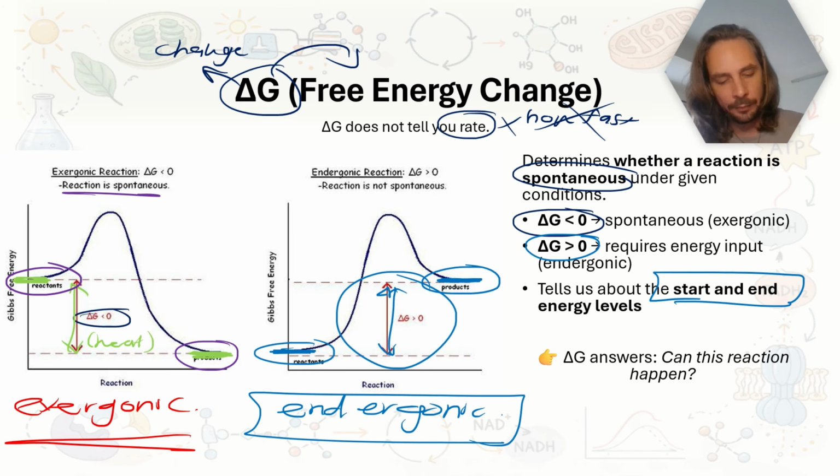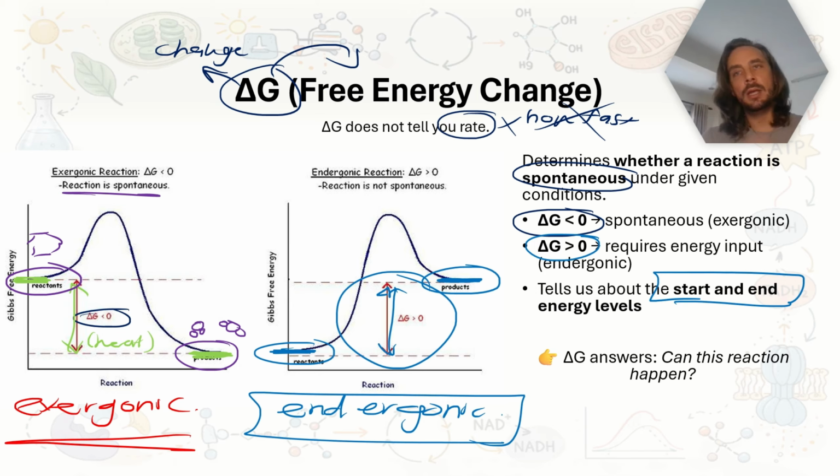This is, for example, like taking glucose, which has more chemical bonds and more chemical energy, and releasing it as carbon dioxide and water, which have less energy. Because it releases that energy, it's exergonic, and this will happen spontaneously.